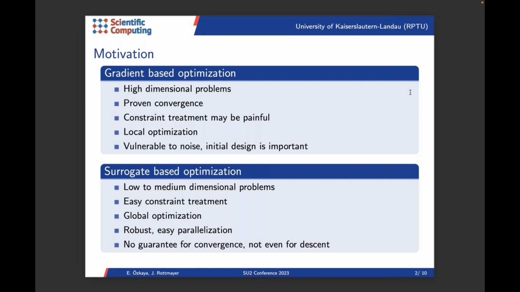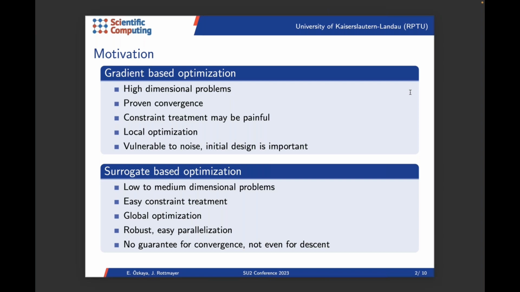Right? And of course, you have the mathematical guarantee that it will work, but your guarantee is only valid for a local optimization. However, the response surface may be multimodal, and you may be missing some other nice minima.